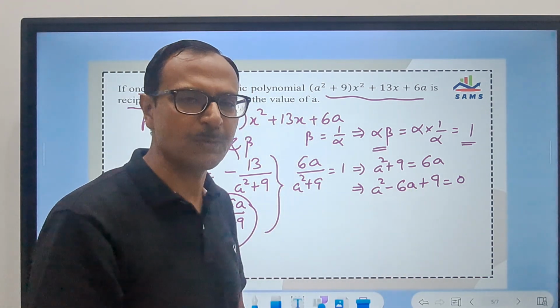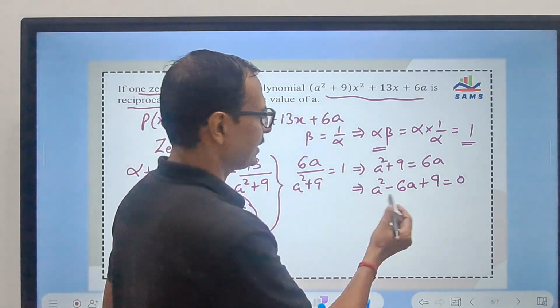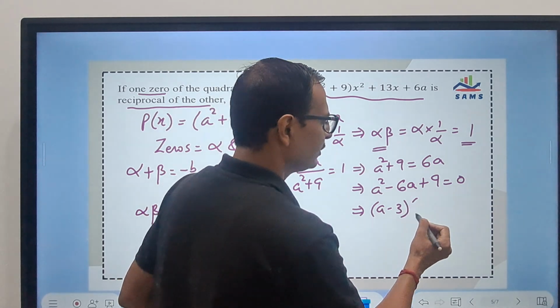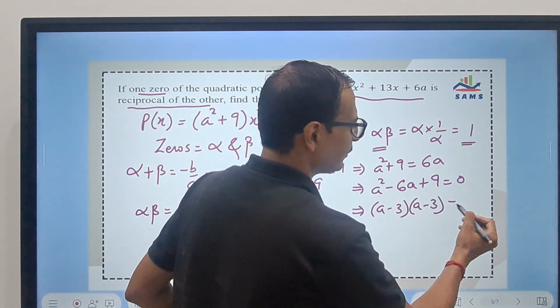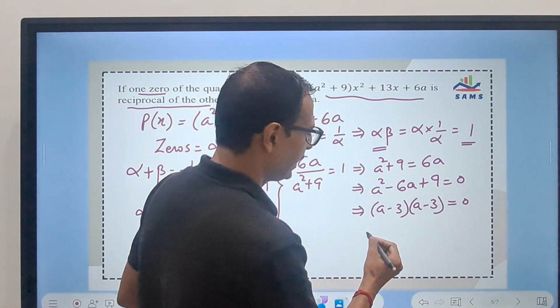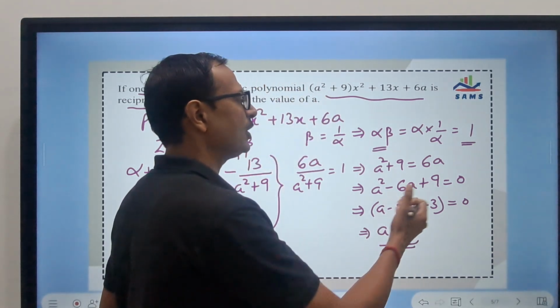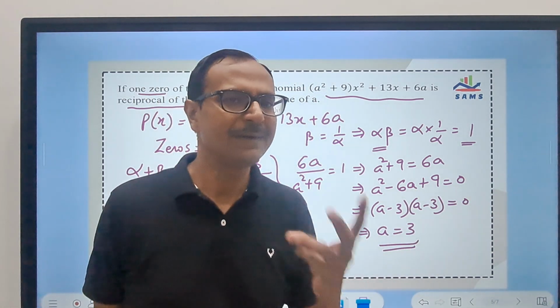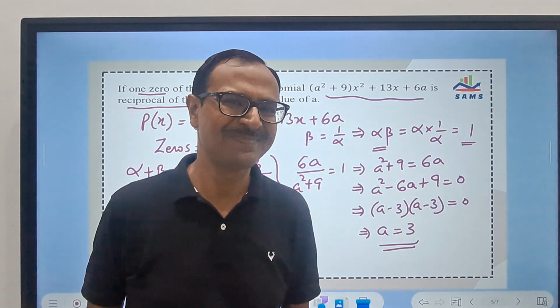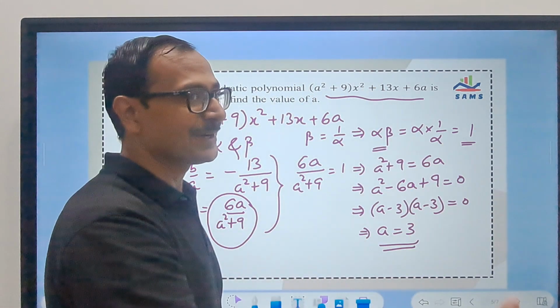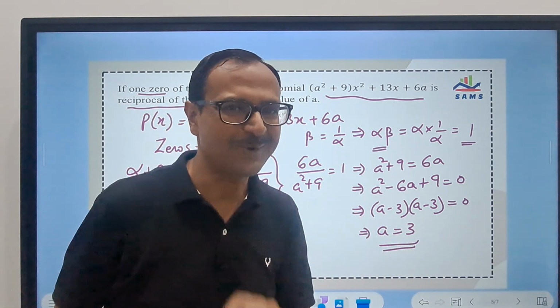The middle term splitting works here. So I think this is (a minus 3) times (a minus 3). Yeah, this works because this is (a minus 3) whole squared, and that means the value of a is 3. When you put it equal to 0, you will get a equal to 3. So again, one zero is the reciprocal of the other, that means the product of zeros is 1.